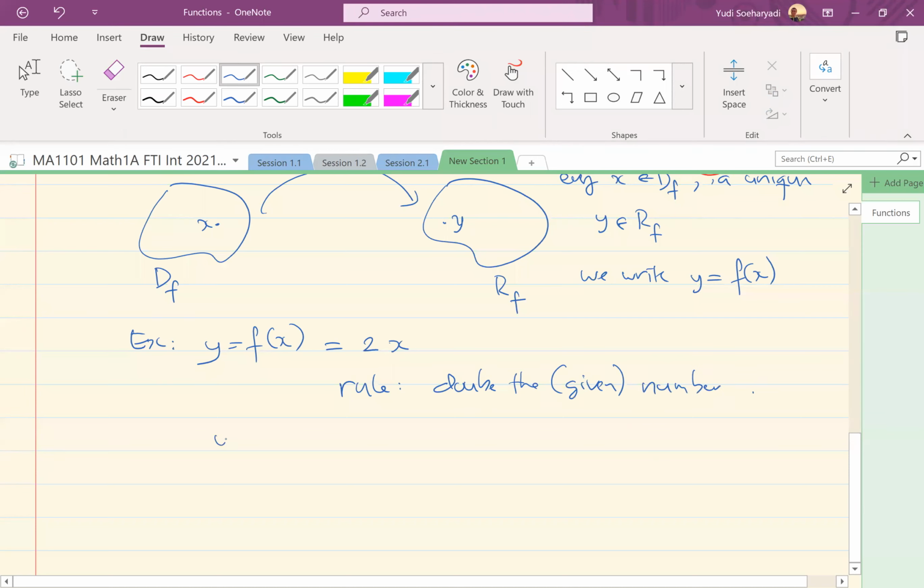Okay, so another example is, as a rule, you say that, well, this is square the number.